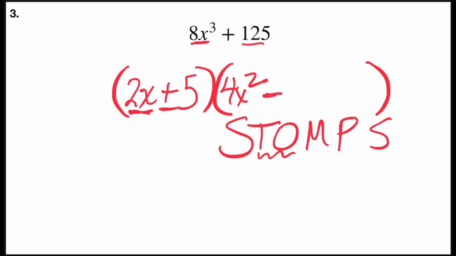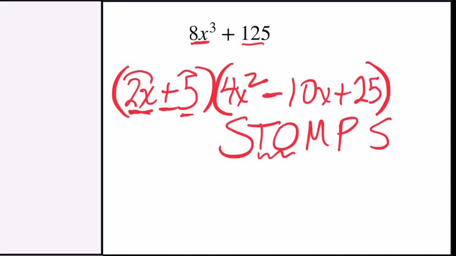M stands for multiply, so 2x times 5 is 10x. P stands for positive, that symbol's always a plus sign. And again, the S stands for square. The square of 5 times 5 is 25. And so my answer would be 2x plus 5 times 4x squared minus 10x plus 25.